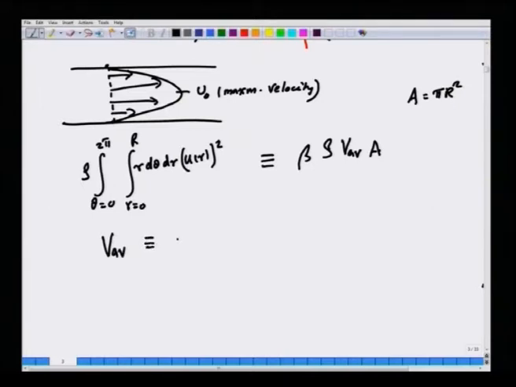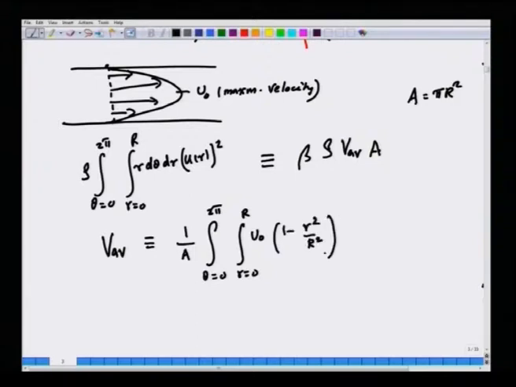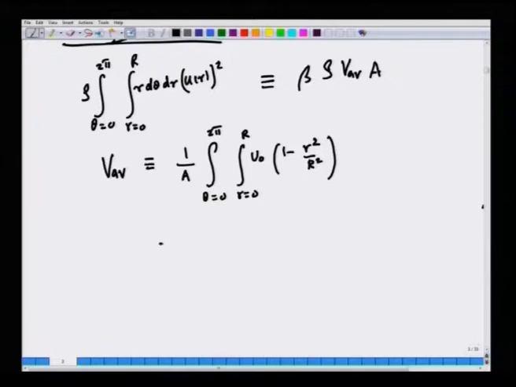V average is nothing but 1 over A times the integral with theta from 0 to 2 pi and r from 0 to R of u naught times 1 minus r squared by capital R squared, and of course, you have r dr d theta.